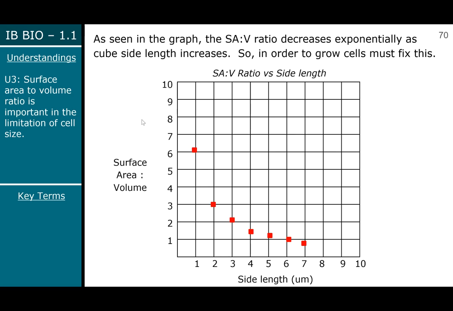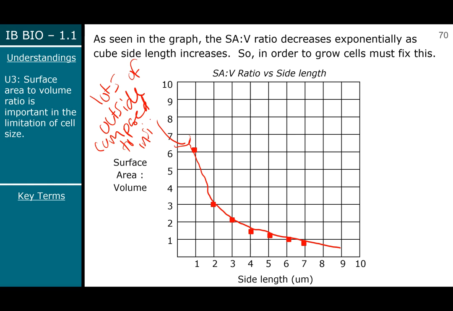And here you can see there's a pretty steep decline in that ratio, right? So when your side length is small, the surface area to volume ratio is very, very high, meaning you have lots of outside compared to your inside. Let me say that. So lots of outside, lots of skin, lots of surface compared to inside, right?